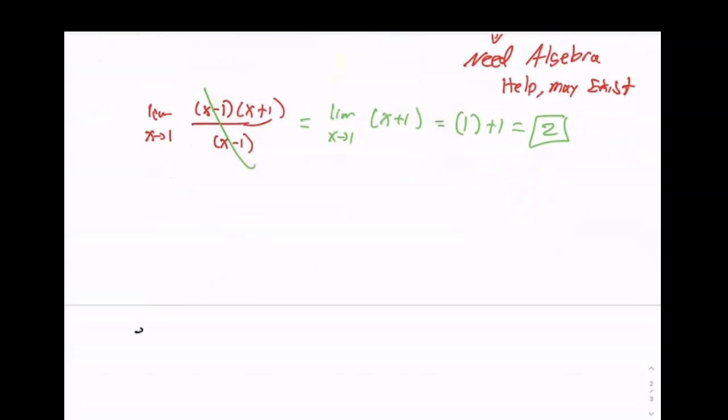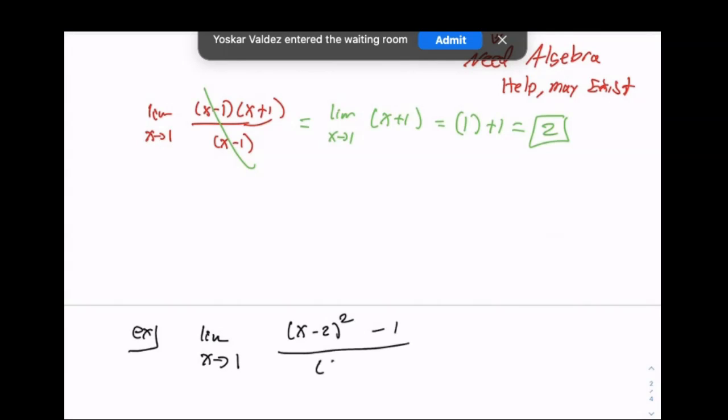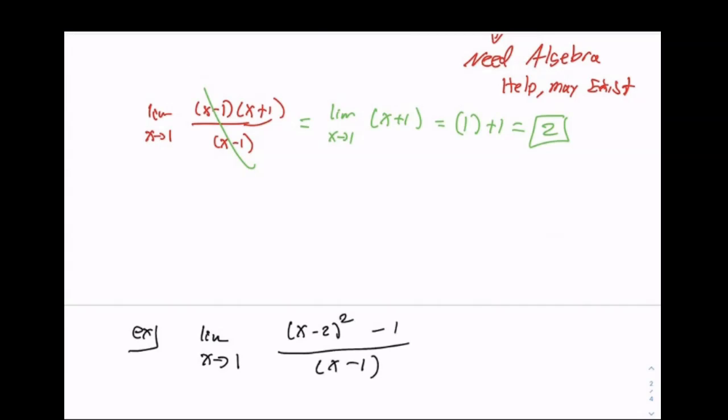Let's try another algebra problem. Limit as X approaches 1 of X minus 2 squared minus 1 over X minus 1. Okay.